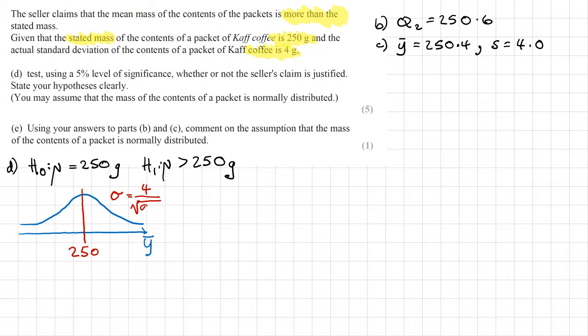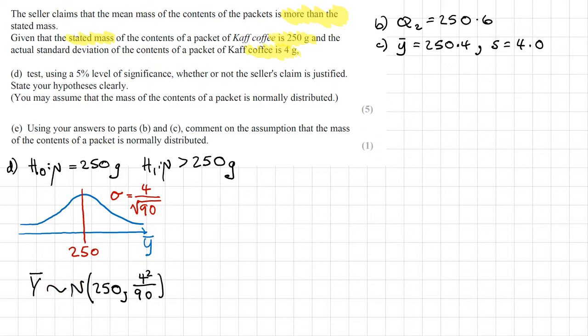They looked at 90 packets. So I always like to write down what this model is, any type of distribution. So my model is that the sample means are normally distributed with a mean of 250 and a variance of 4 squared over 90. Always good practice to write down what your model is.